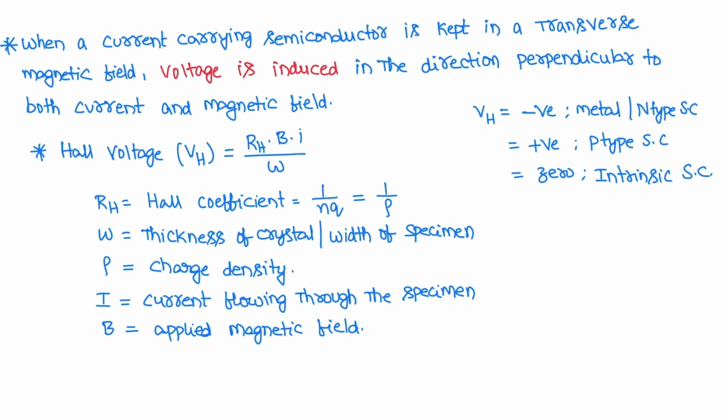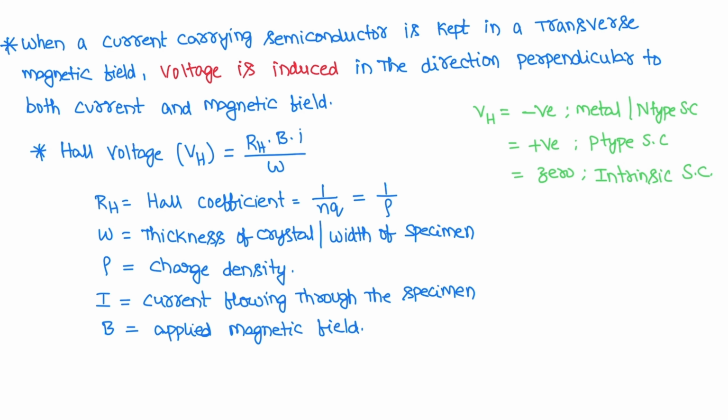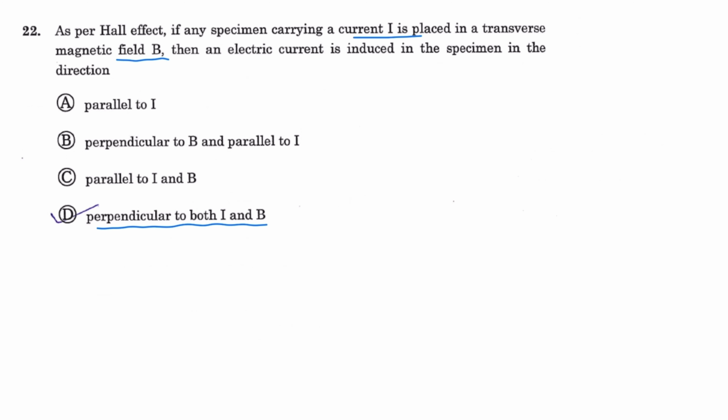This Hall voltage VH is negative for a metal or n-type semiconductor, and positive for p-type semiconductor, and the induced Hall voltage VH is 0 for intrinsic semiconductor. Here the applied current, induced current and magnetic field are all perpendicular to each other.